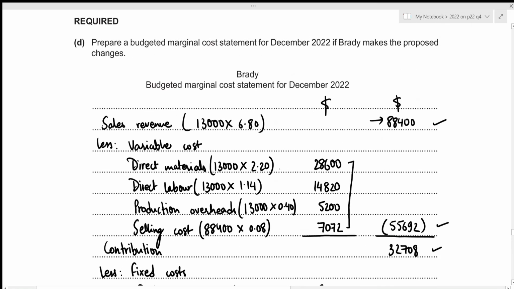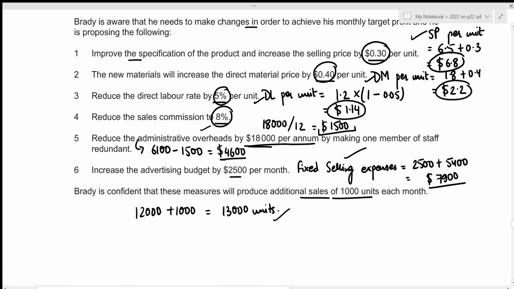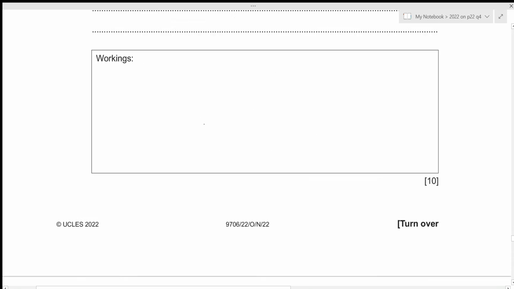Okay, then the next change that we made was to reduce the sales commission to 8%. And this is the sales commission that we need to pay to the agents, right? Previously, they were getting a commission of 10%. So does this decrement in commission actually mean that the agents will be demotivated, which could result in the fall in sales, right? Let's write it down.